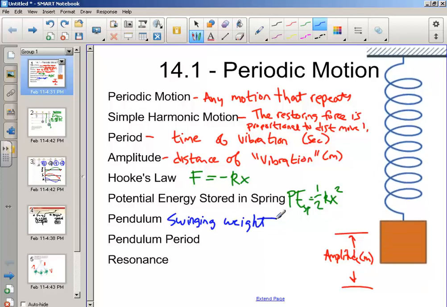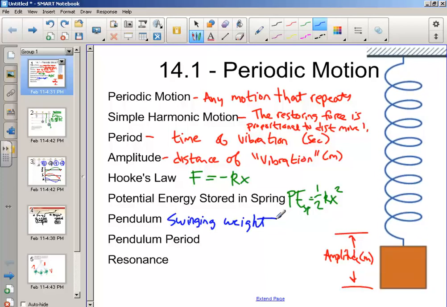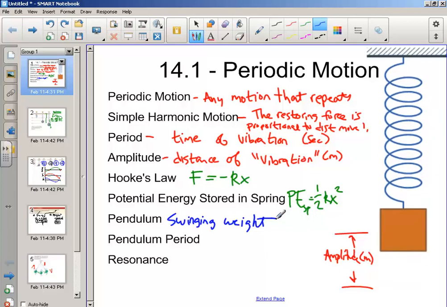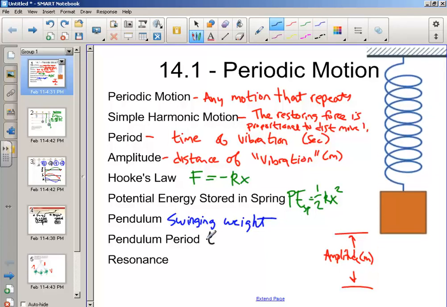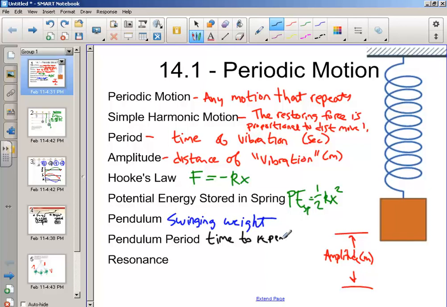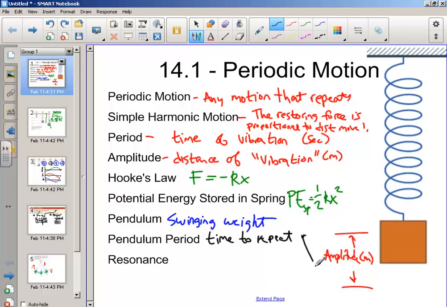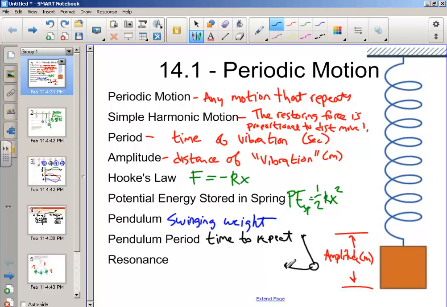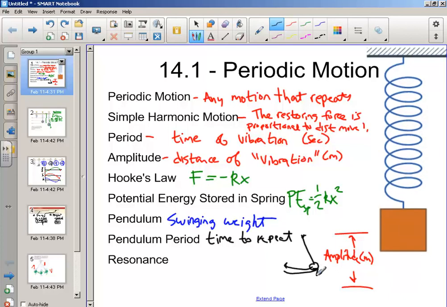The pendulum period is exactly what it sounds like. It's the time it takes for a pendulum to repeat itself. Now be careful. It's not the time it takes to just go over, it's the time it takes to go over and back.